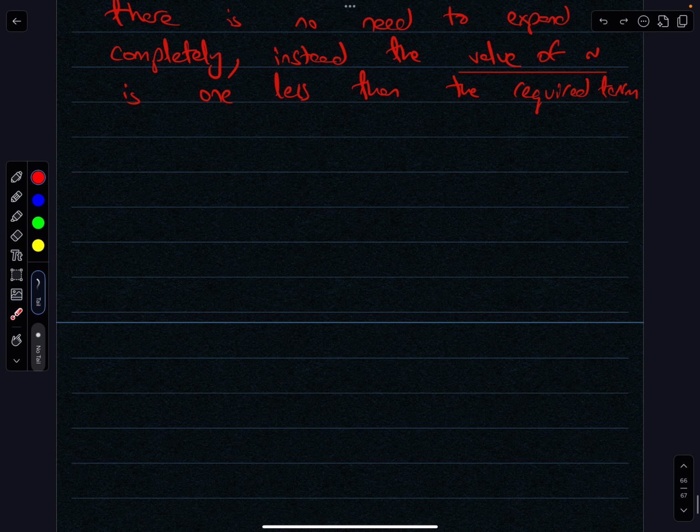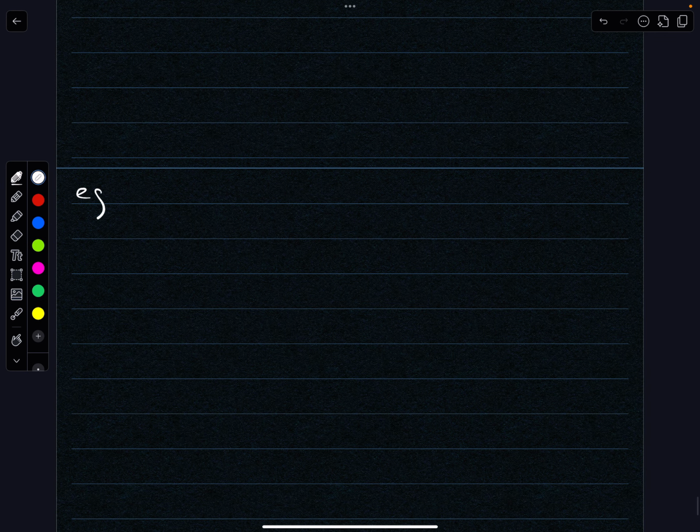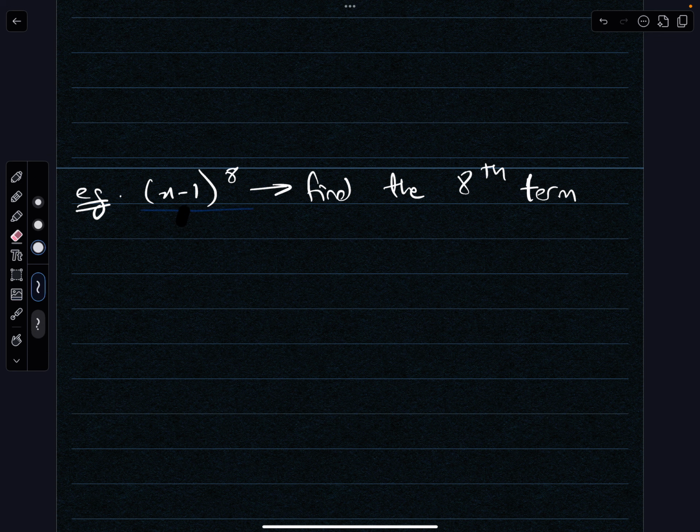Let's take two more examples for this point. Let's just say I have something like x minus 1 power 8 and I am asked to find the term. So I don't have to expand this completely since I'm only asked to find one term. The value of r would be 1 less than the required term. I made a mistake. Or wait, it's 6th term here.